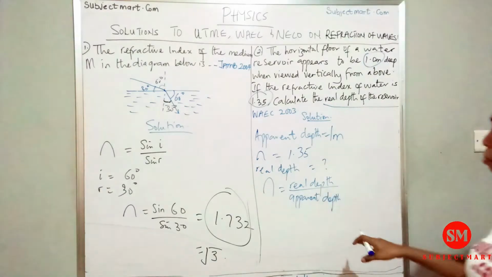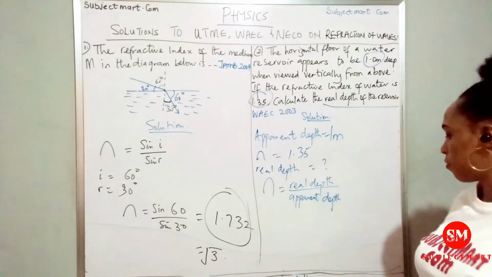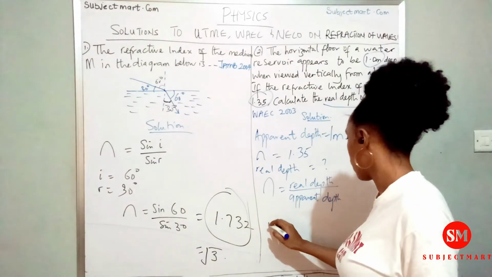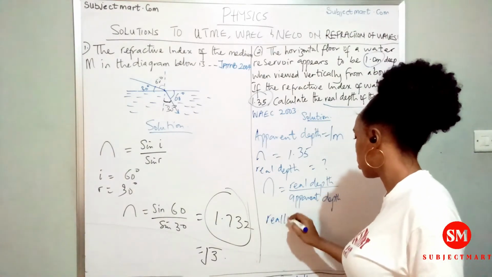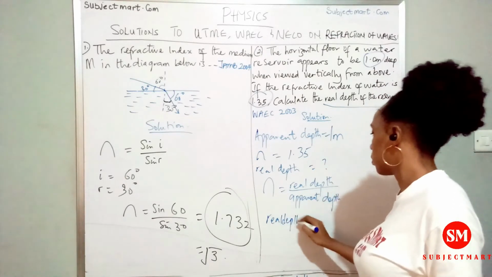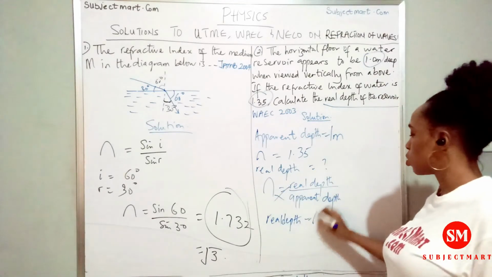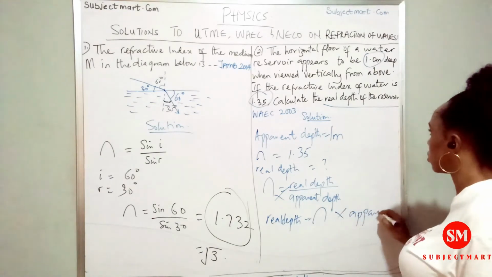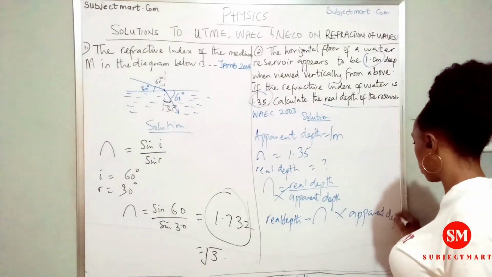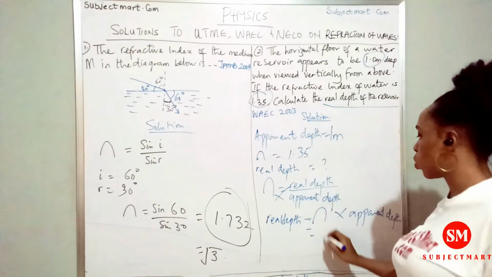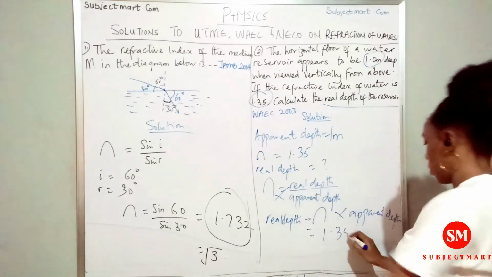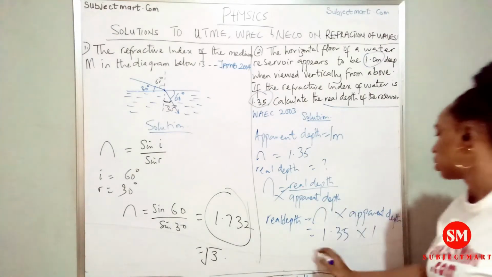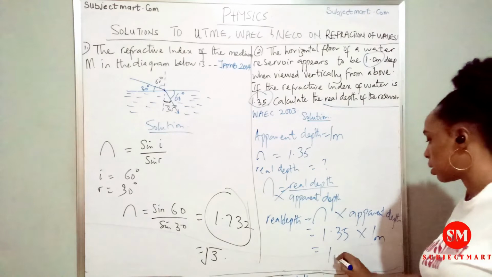Now, by the time we make the real depth the subject of the formula, we have real depth is equal to refractive index times the apparent depth, and that will be equal to 1.35 times 1, that's 1 meter.